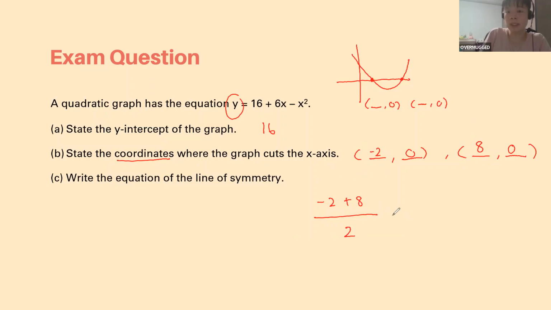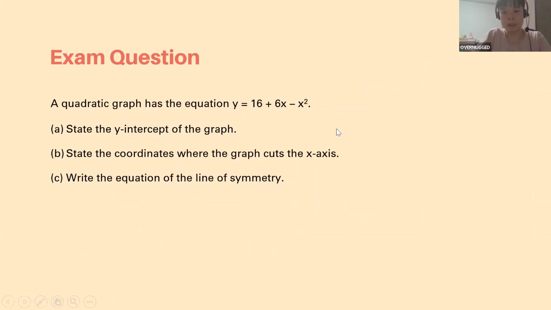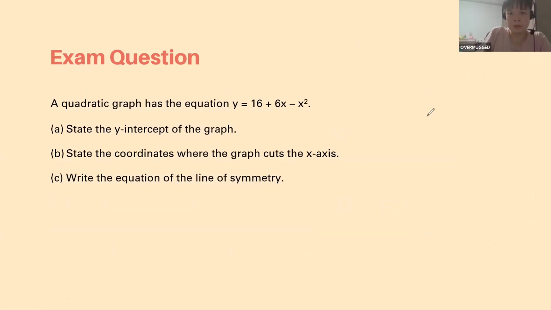So 8 minus 2, I get 6. So it should be 3. x equals to. Why am I doing something wrong? Yeah, it's correct. So to get the x equals to.